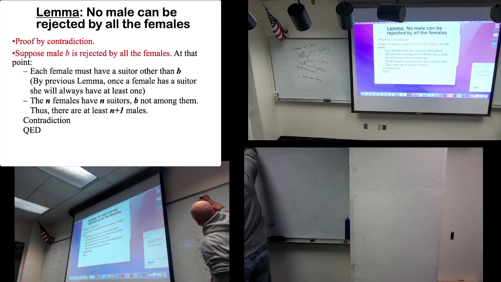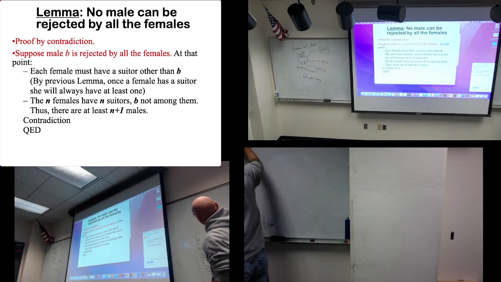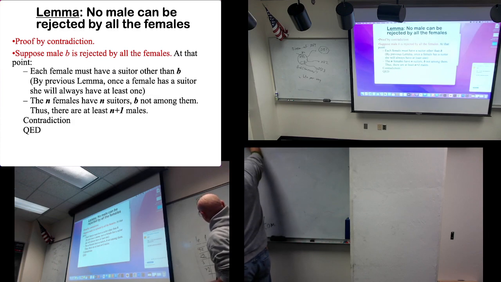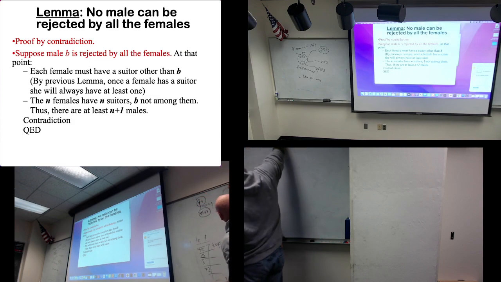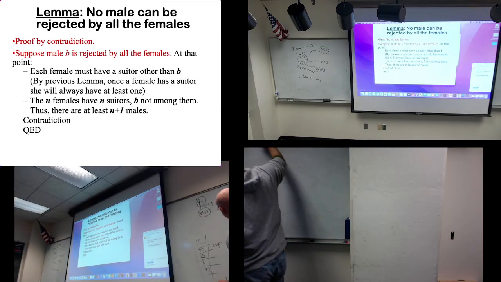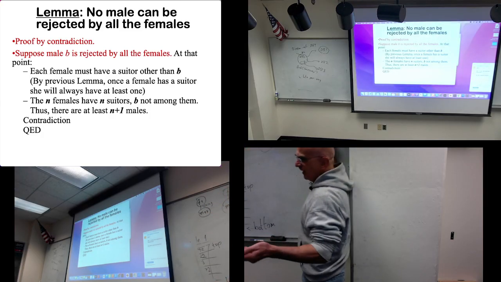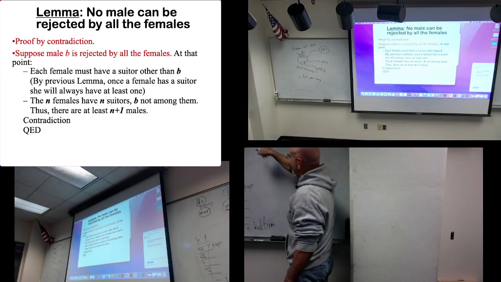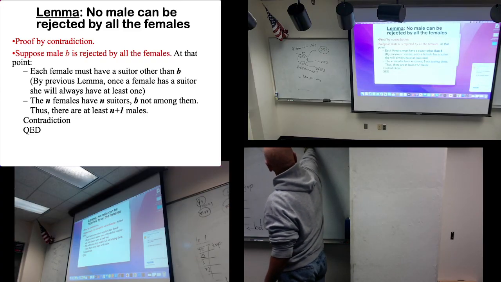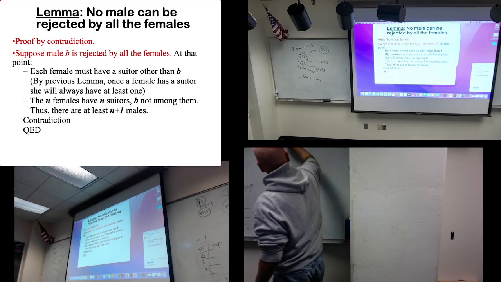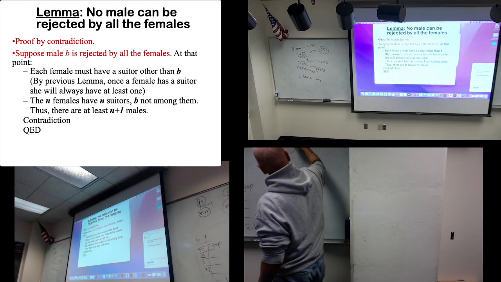So female 1 has somebody, M17, on a string. Same goes for female 2. And these two males are different from each other. A male cannot be on the strings of two different females.